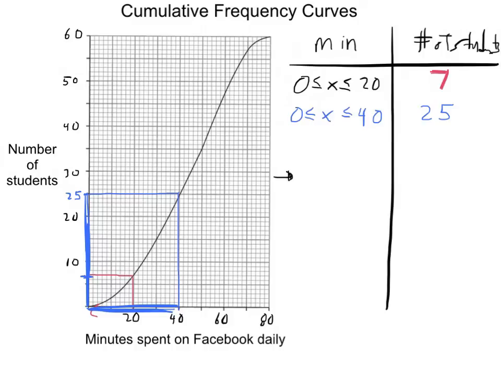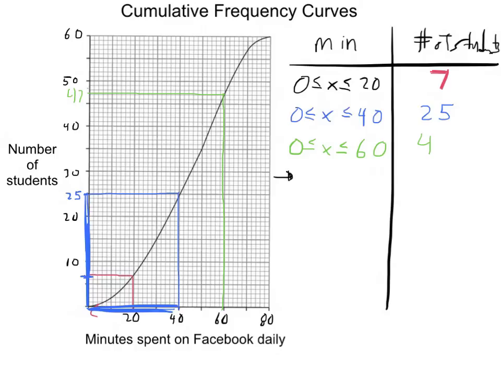Continuing with my theme of using different colors, what about 0 less than or equal to x less than or equal to 60? You should pause the video and do this on your own. If we go over to 60 minutes, follow it all the way up, and then carefully over, it's 3 ticks below 50, so that looks like 47.